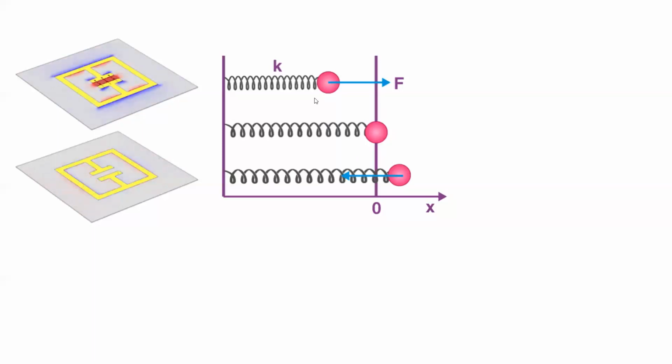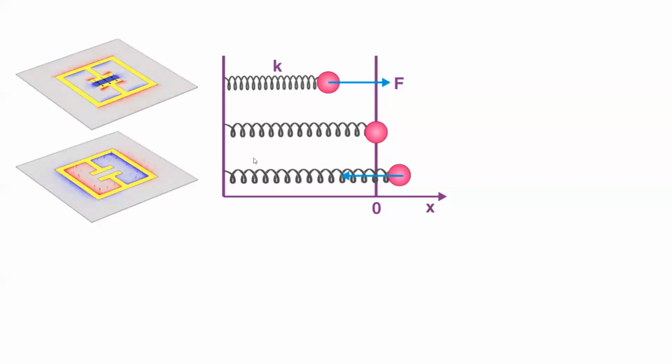So if I excite this oscillator, it will oscillate with some frequency, and the kinetic energy of this oscillator will transform to potential energy of the spring, and vice versa. So it's very similar to the electric and magnetic field transition in the LC circuit.